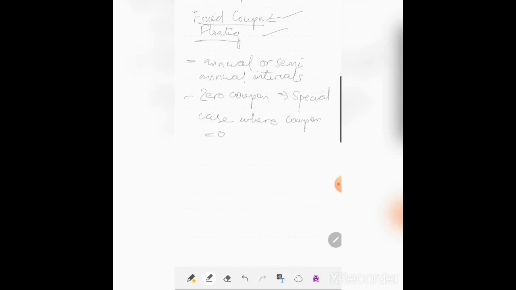So the next one we look at is the index linked security. So look at the index linked security.